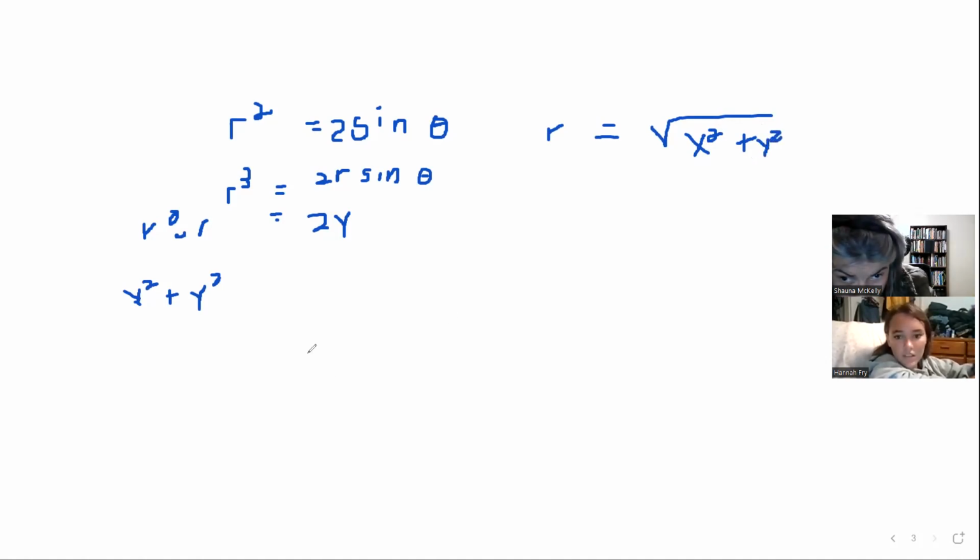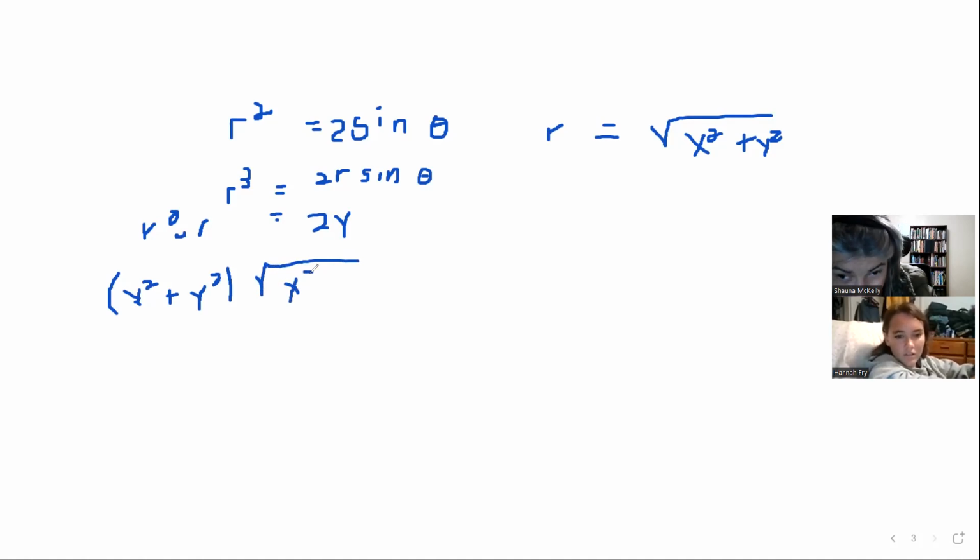So if this is x squared plus y squared, and I multiply this, now, depends on how much algebra you want to use. This r that's hanging out that you put in there to make this be a y now, this is going to be the square root of x squared plus y squared, right?